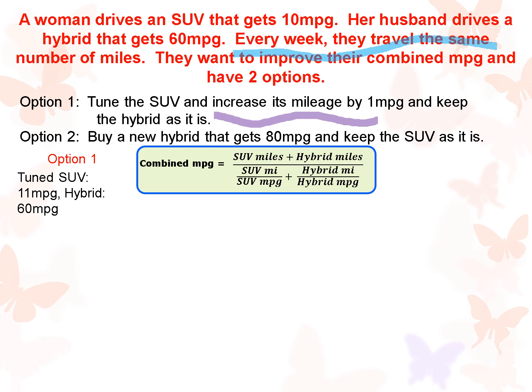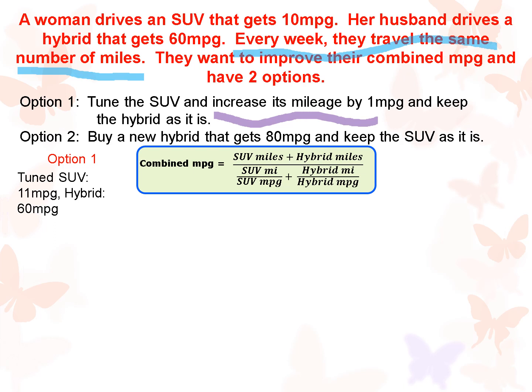Every week they travel the same number of miles. So I don't know how many miles they travel a week, but I know that the two quantities are the same. So if I don't know something, I give it a variable. But since they're the same, we're going to let SUV miles be X and hybrid miles be X.